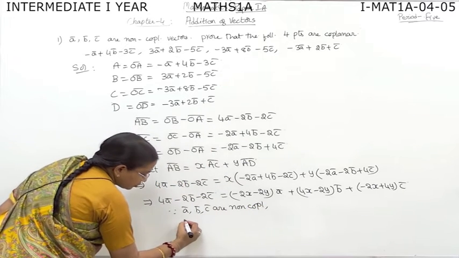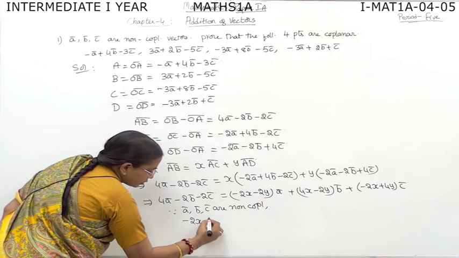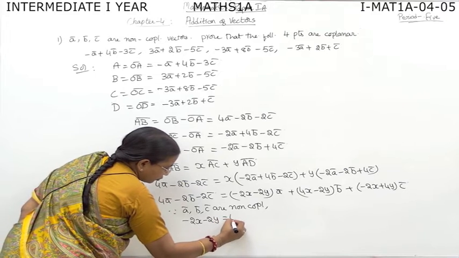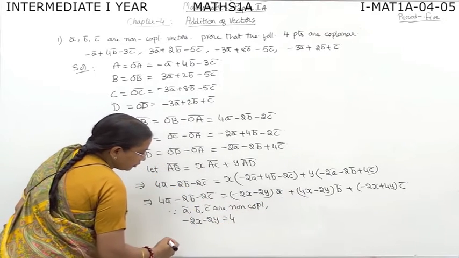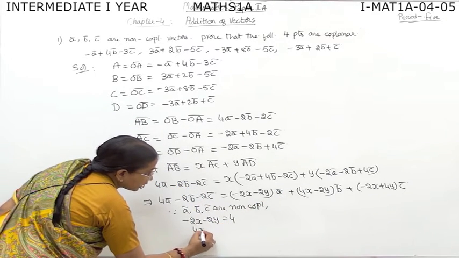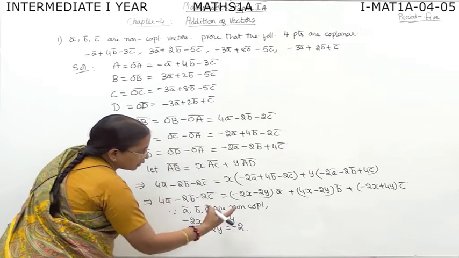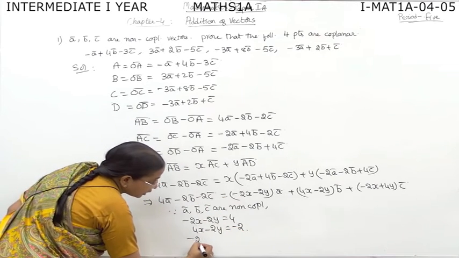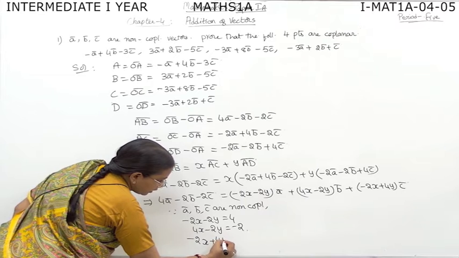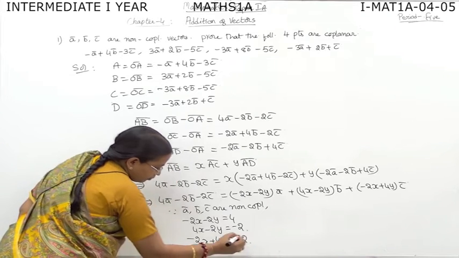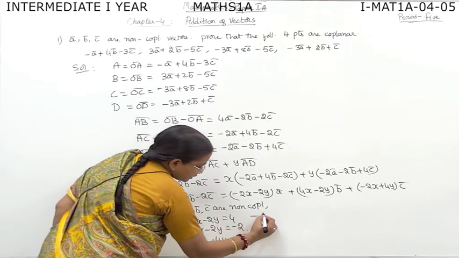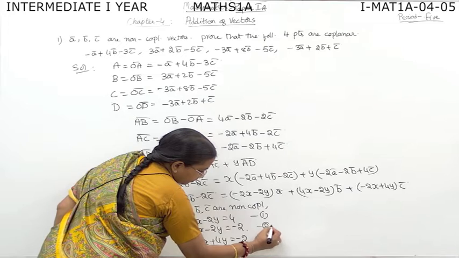So minus 2x minus 2y is equal to 4, and then the B coefficient 4x minus 2y is equal to minus 2. Next, the third one, minus 2x plus 4y is equal to minus 2. Now number these as 1, 2 and 3.